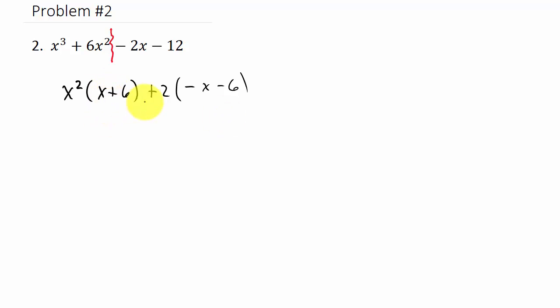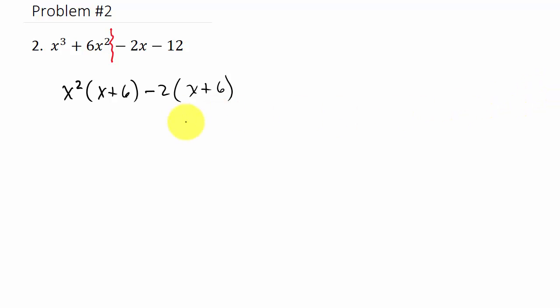You can see this term and this term aren't the same. So instead of factoring out a positive 2, we're going to factor out a negative 2. Remember, when you factor out a negative, that changes the sign of each term. So that's going to leave me with x plus 6.